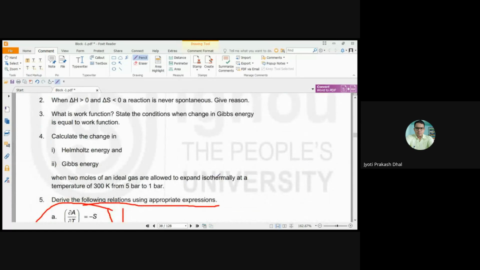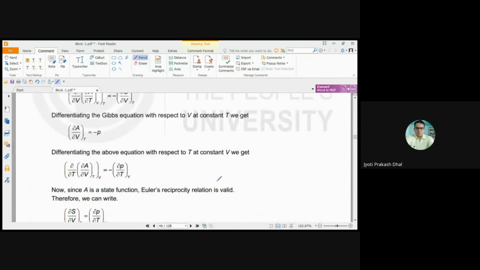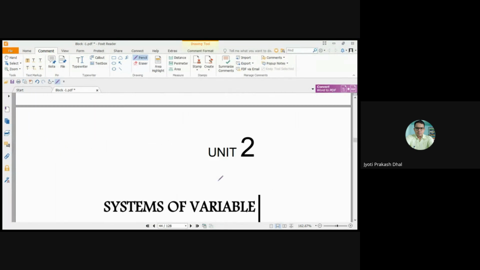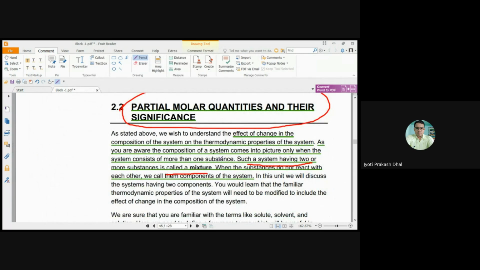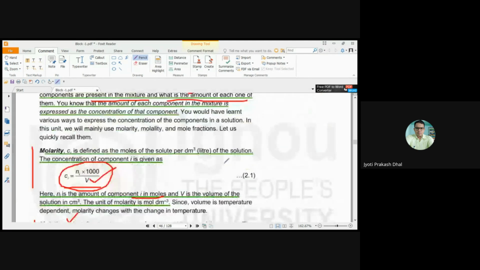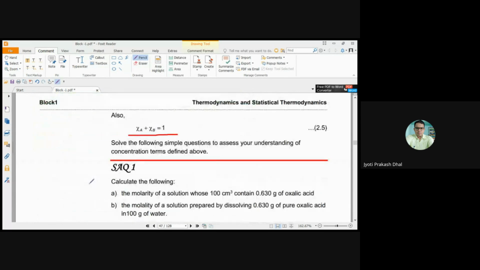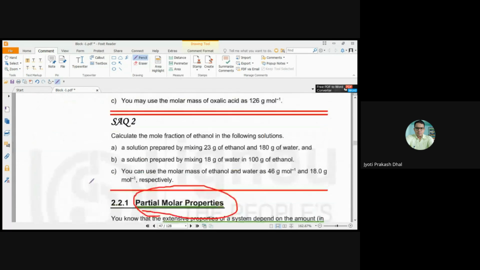After that, the next expected long questions are on partial molar properties. The first is partial molar quantities and their significance. Here molality, mole fraction, and molarity short questions will be there.